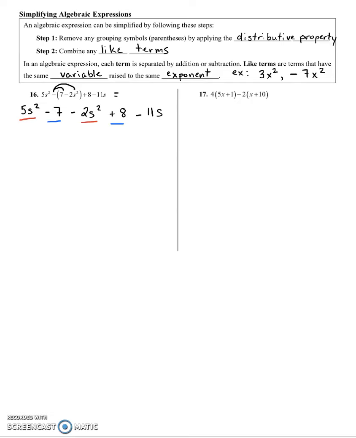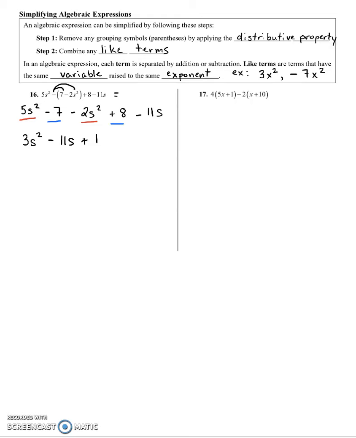So, combine the like terms. We have 5s squared minus 2s squared. So 5 minus 2 is 3s squared. And then I'm going to go ahead and write the minus 11s. And then we have a -7 plus 8, which is plus 1.